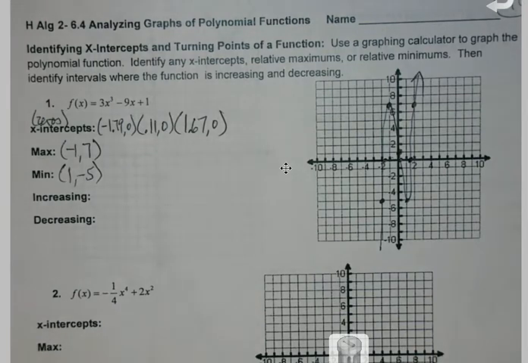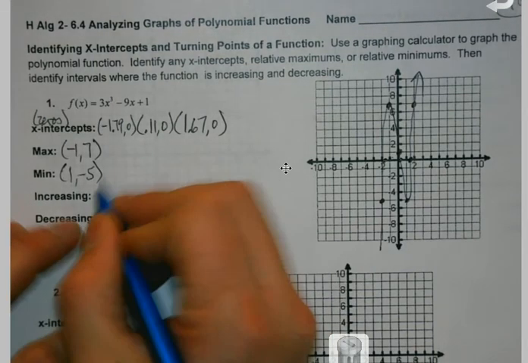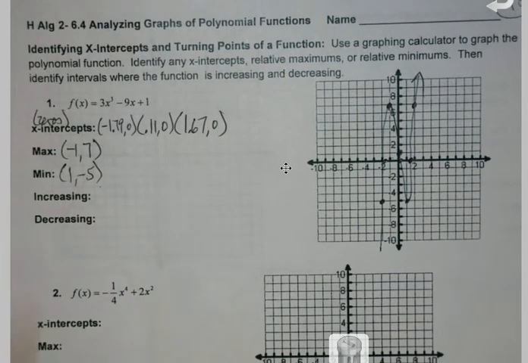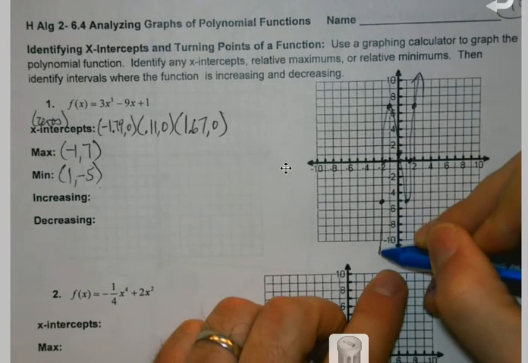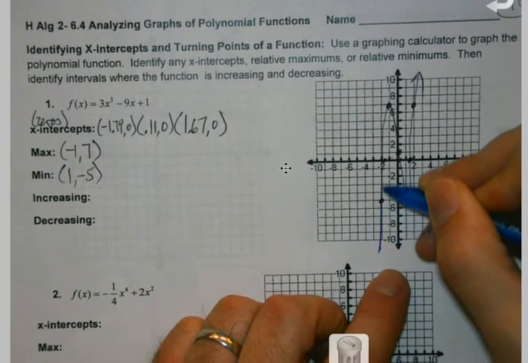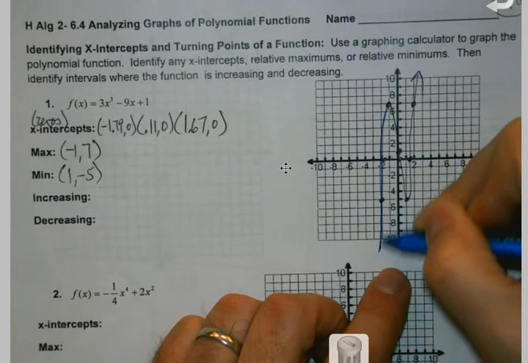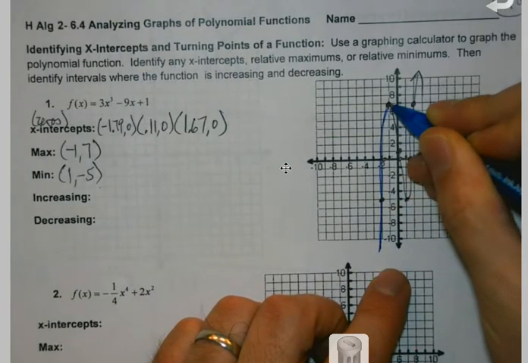And when we're doing increasing, decreasing, this is the part where I'm saying, okay, when I'm looking at the graph going from left to right, where are my values going? Up. So as I'm doing this, my graph is going up, so my y values, which is basically what we're looking at with increasing, decreasing, are going upward.